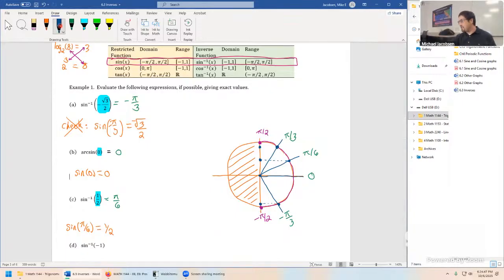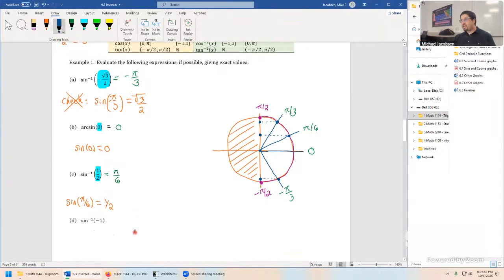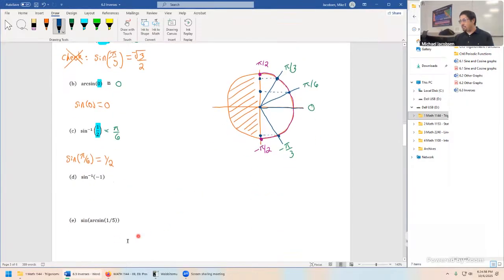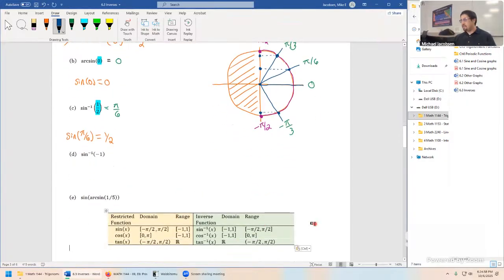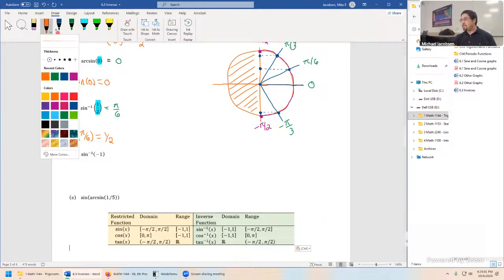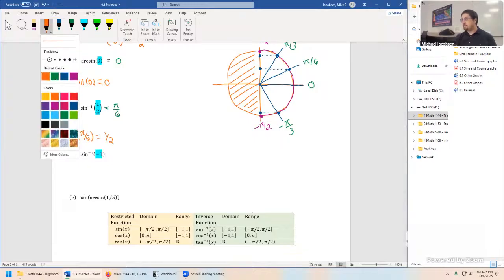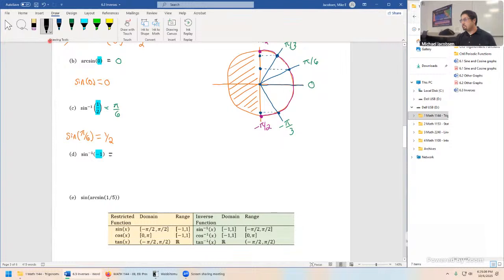I seem to have lost some dots on these, but I don't think that's super necessary. Let's try out a couple more just to get a feel for this. And let me carry this table down in case we need to refer to it. Now, if we do sine inverse of -1. Well, at -1, we would be right down here, right where -pi/2 is in purple or whatever color that happens to be.